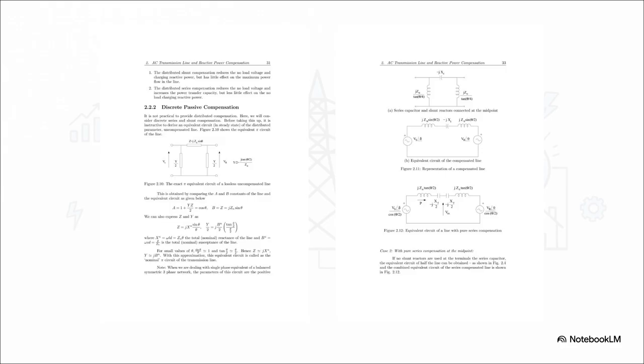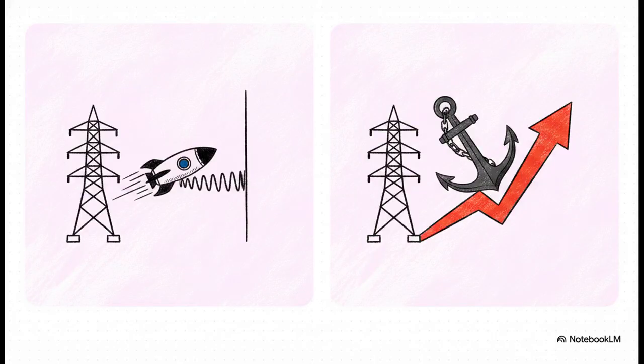We also throw in some shunt reactors, which are inductors connected to ground on either side. By physically inserting these passive components into the circuit, we're basically artificially counteracting the line's natural properties. We are manipulating the phase constant and the characteristic impedance entirely to our advantage. Moving to slide 12, it is absolutely crucial to understand the distinct roles these different components play.